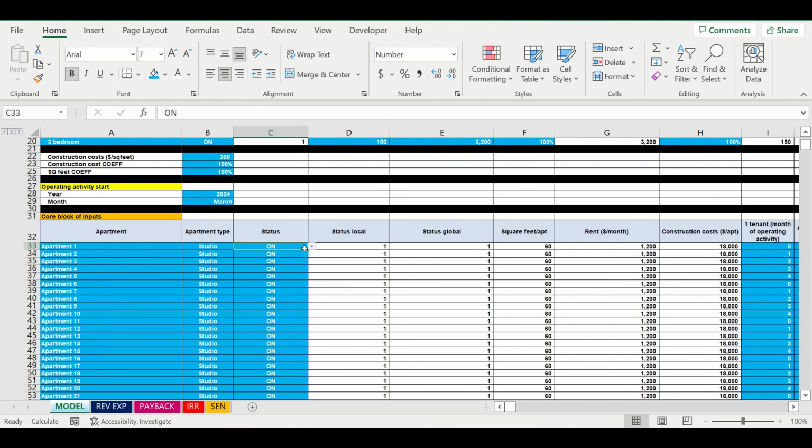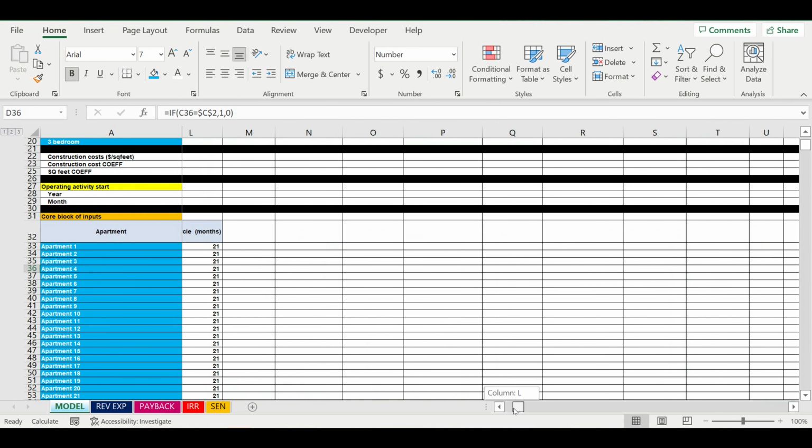We can just take some of them and switch them off. We can see zeros here, and this will affect all our financial efficiency numbers, simple and discounted payback period diagrams, and so on. What do we have next?